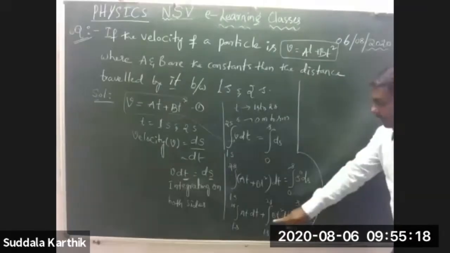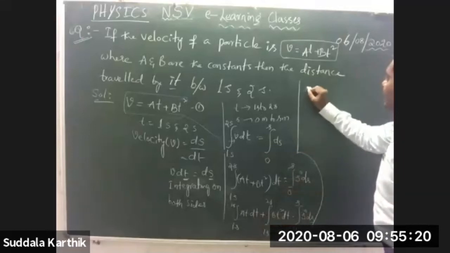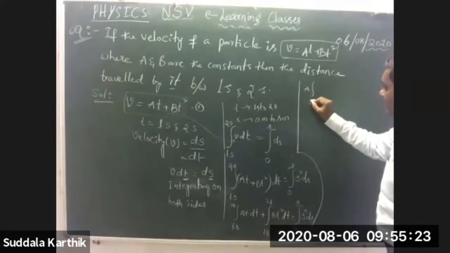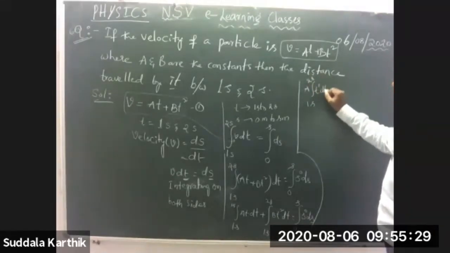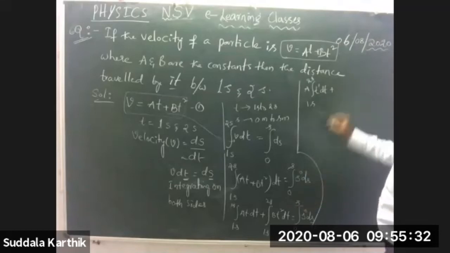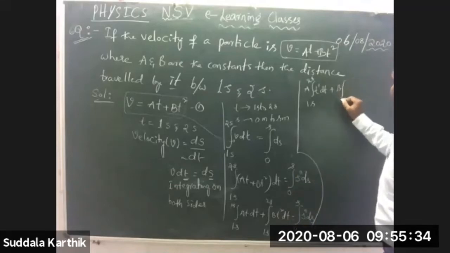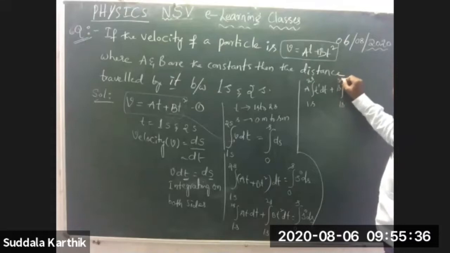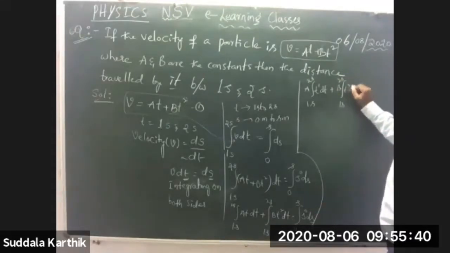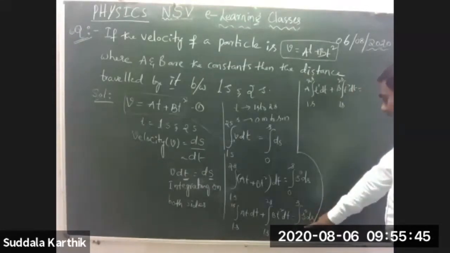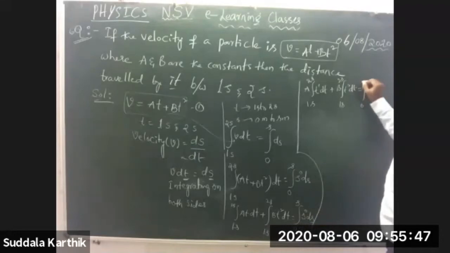Now A is a constant outside: A times integral from 1 to 2 of t power 1 dt, plus B outside, integral from 1 to 2 of t square dt, is equal to integral from 0 to s of s power 0 ds.